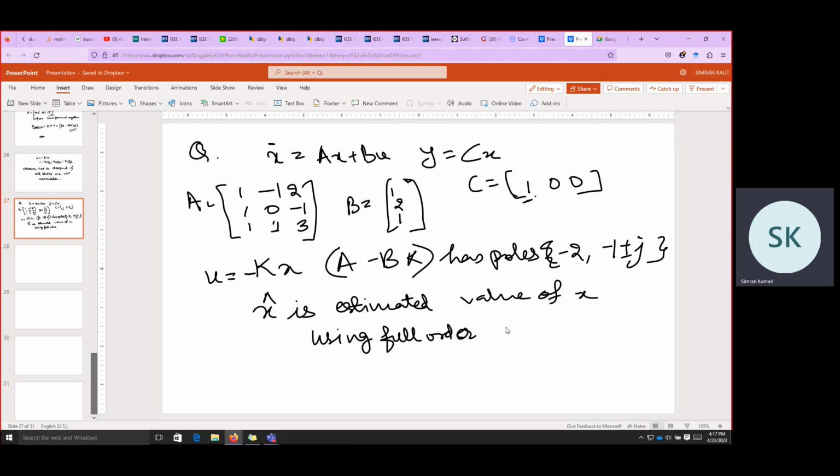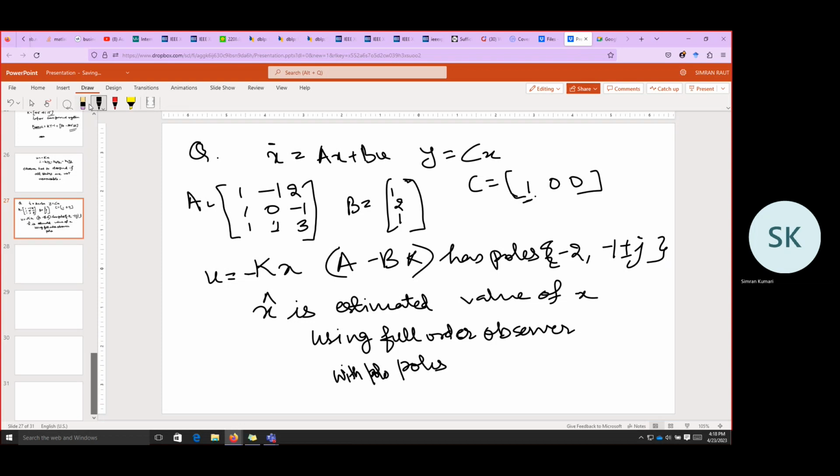So all the states are being observed. And for this observer, the poles are at -4, -5, -3.